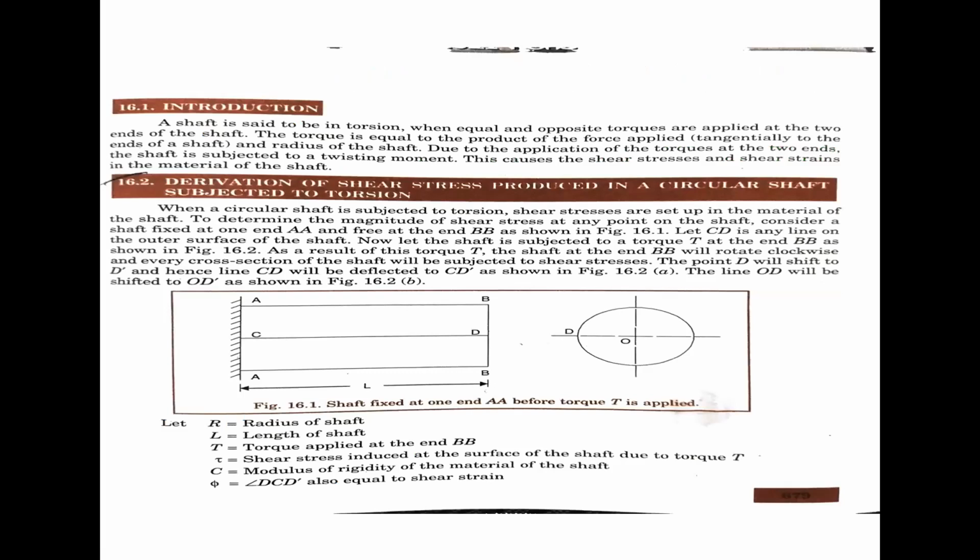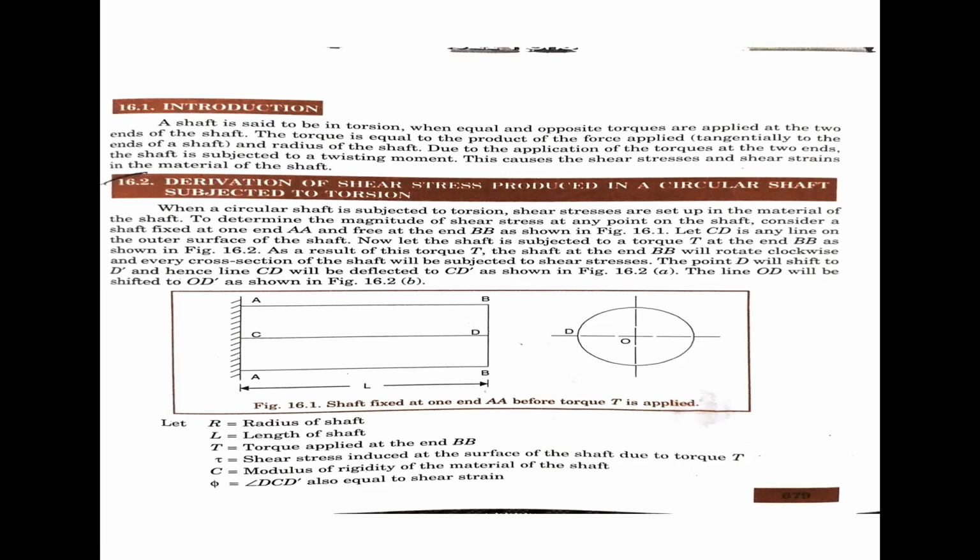This is the introduction. A shaft is said to be in torsion when equal and opposite torques are applied at the two ends of the shaft. The torque is equal to the product of the force applied tangentially to the ends of a shaft and the radius of the shaft.